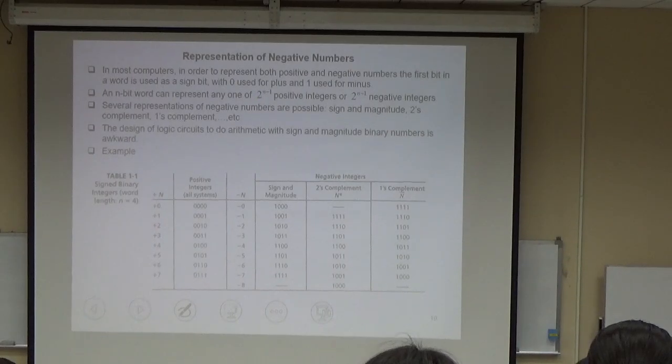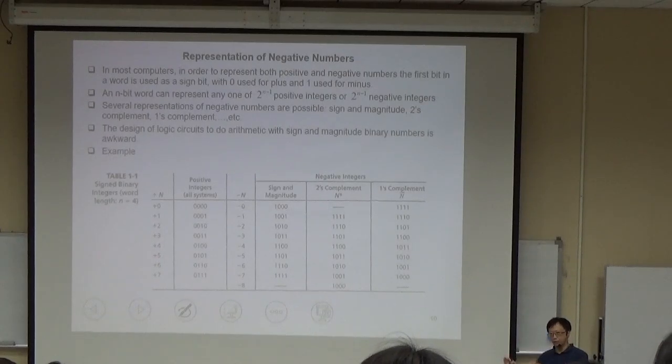Those are different methods to represent a negative number, but they mean the same thing. For example, if you want to represent -1, the three systems will have different expressions. And if we want to perform addition or subtraction, they will be different.